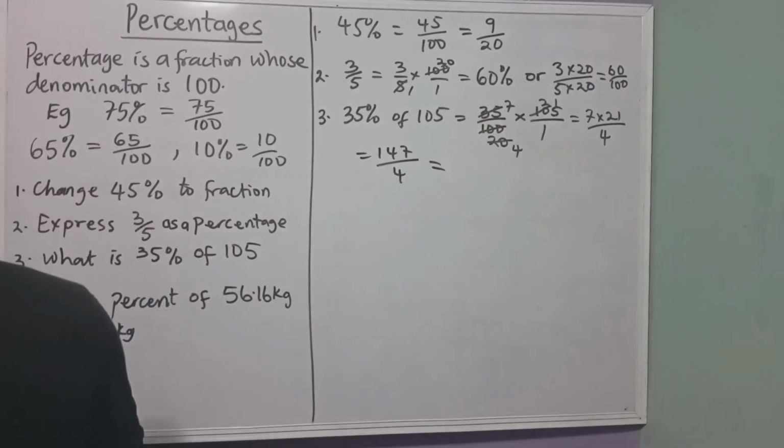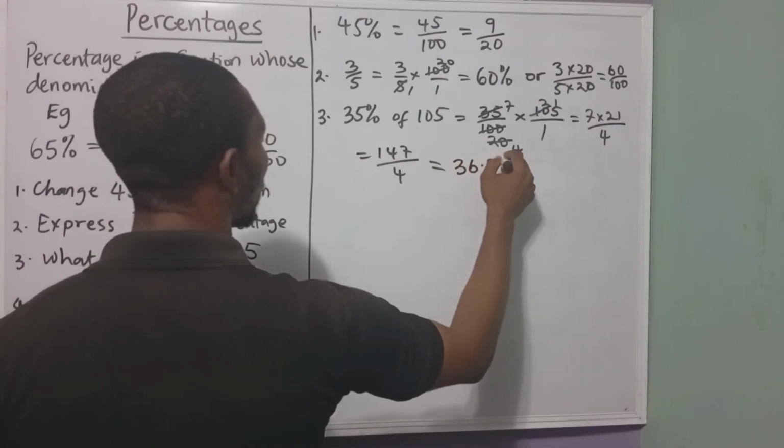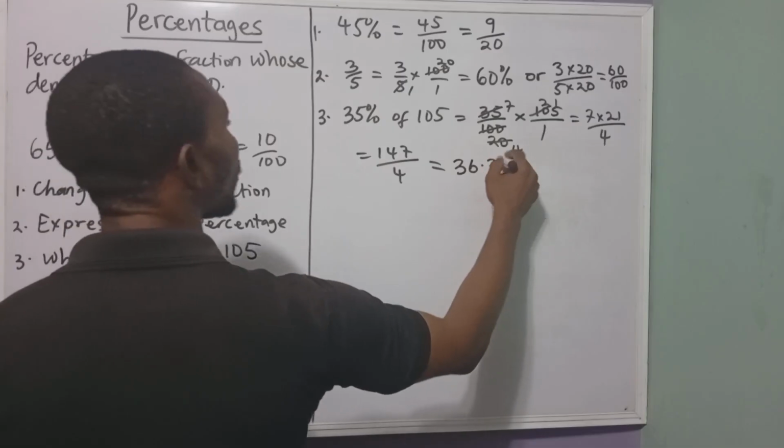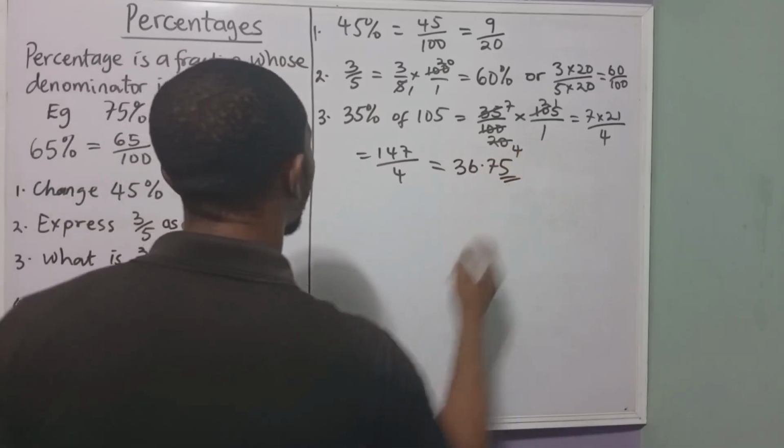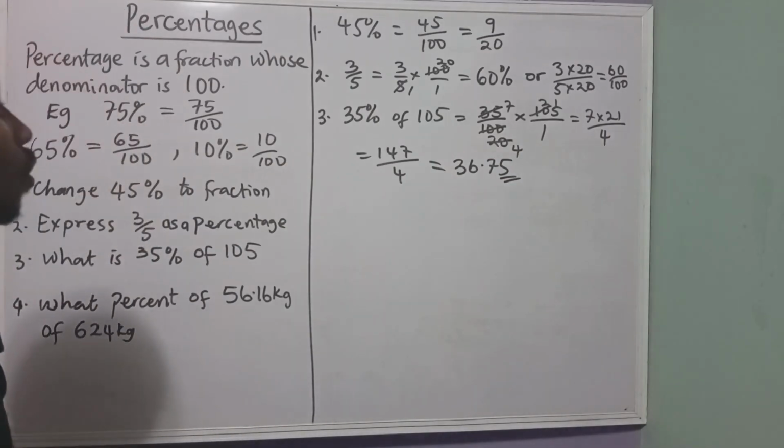Now 147 divided by 4 will give us 36.75. So 36.75 is 35% of 105.